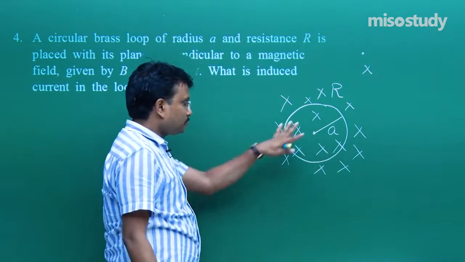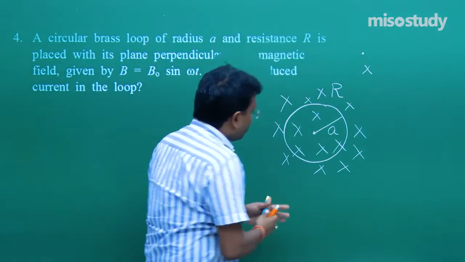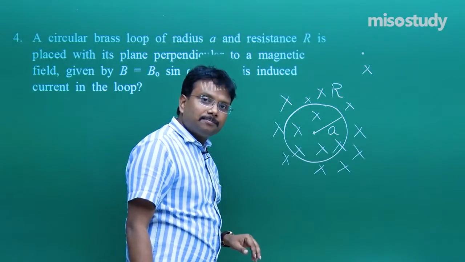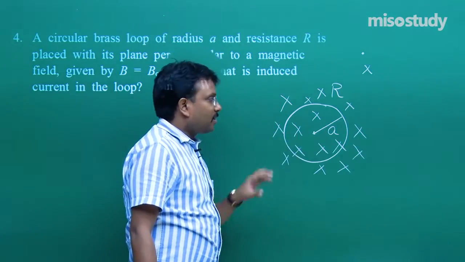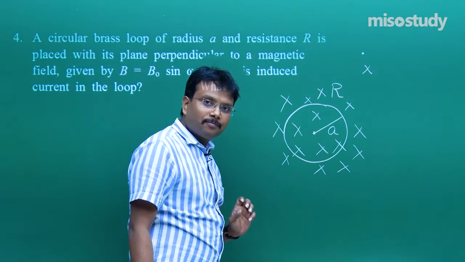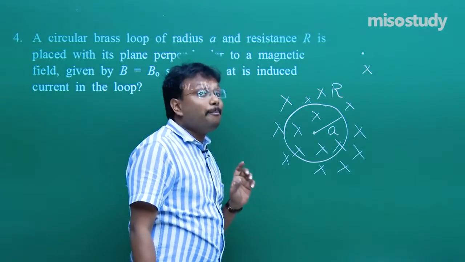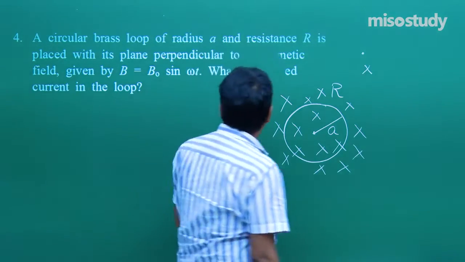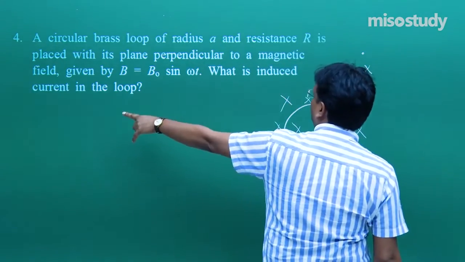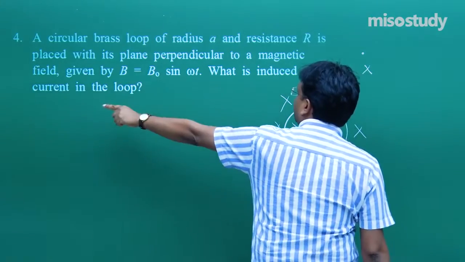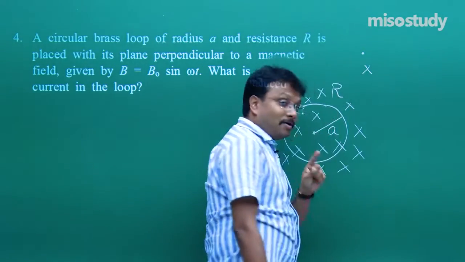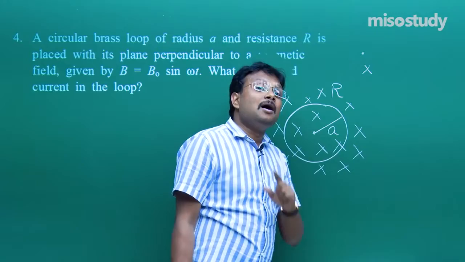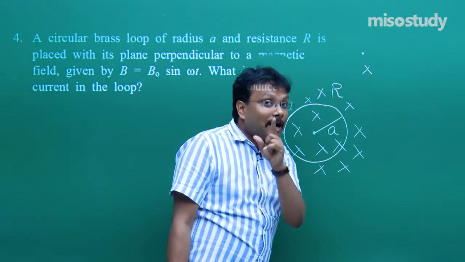Fine, as it is not given, so this is perpendicular, not a problem. Because area is not changing, because theta is not changing, but magnetic field itself is varying. So flux change will take place and then induced current. Now first you have to calculate the induced EMF due to flux change.